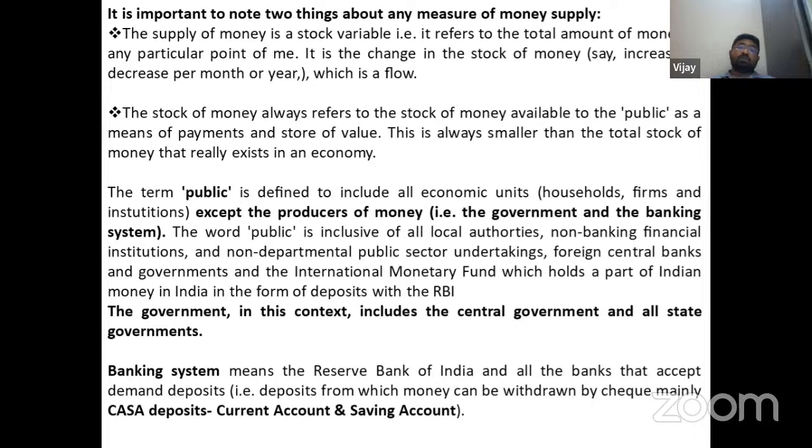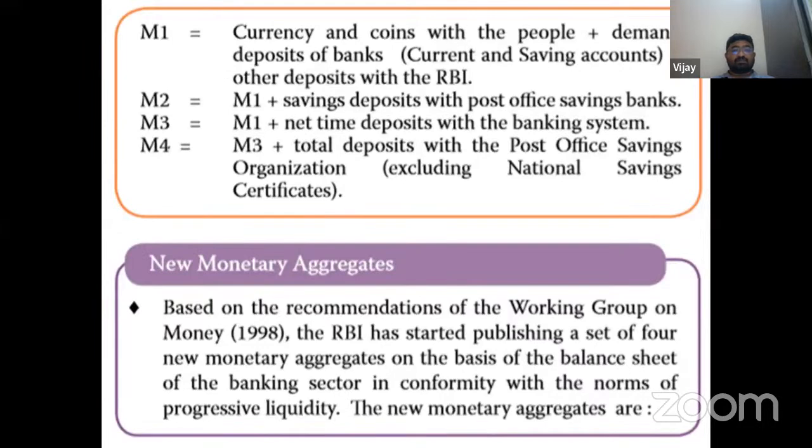Government includes both the central government and state governments. The banking system includes RBI and all other commercial banks, which accept CASA deposits, that is, current account and saving account deposits.